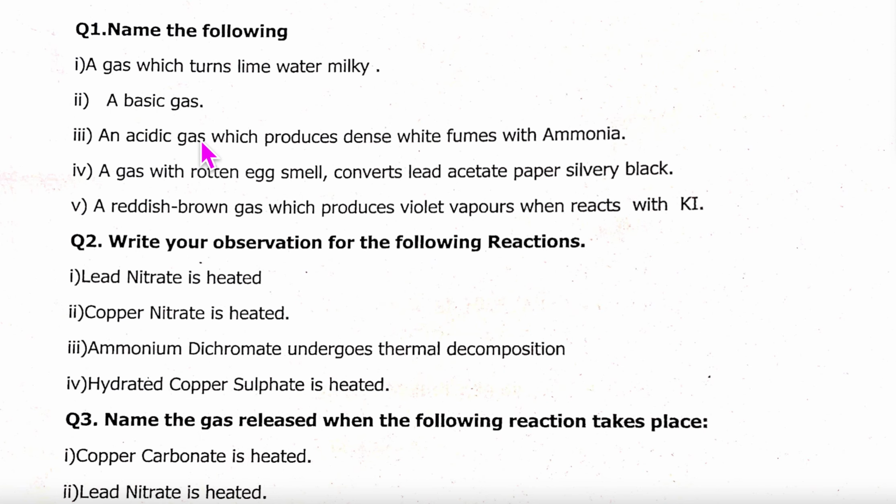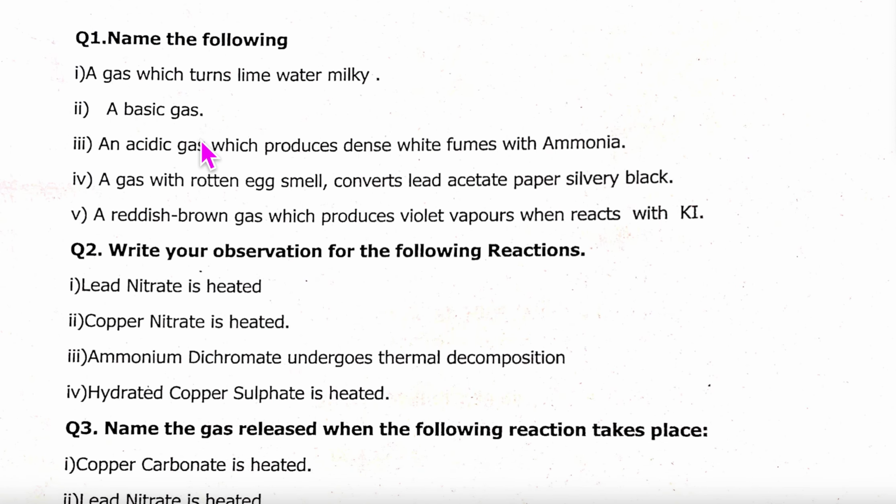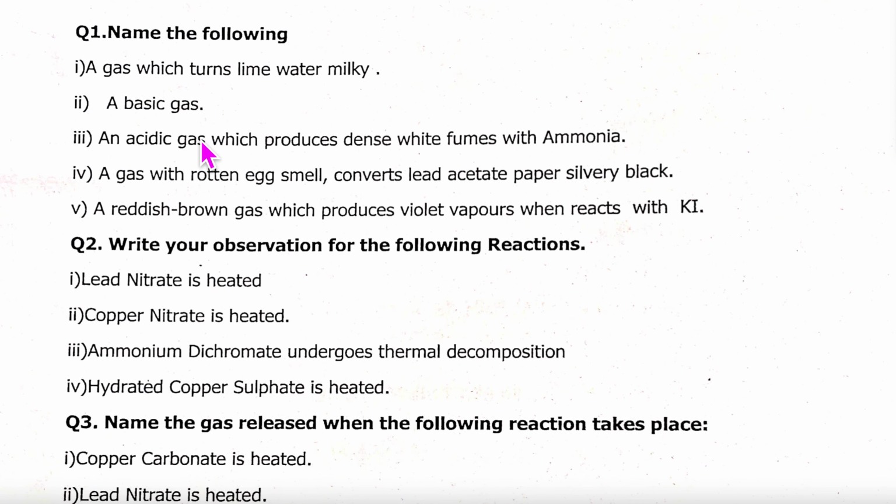gas equation. Now this is the second one, which is of practical chemistry. Practical chemistry, all of you remember the gas tests. Which are the gases? We have O2, H2, CO2, SO2, and H2S. You have to know the test for that. Everybody knows what is the observation for this.